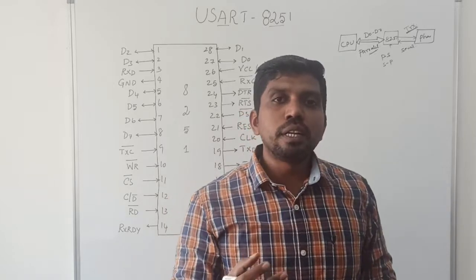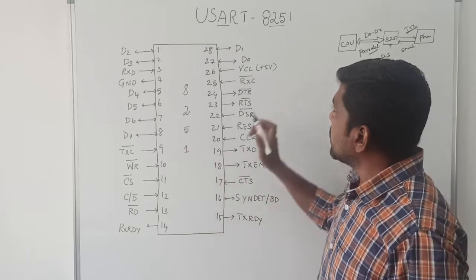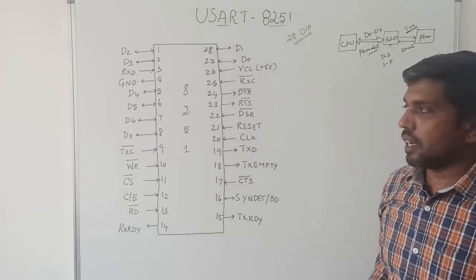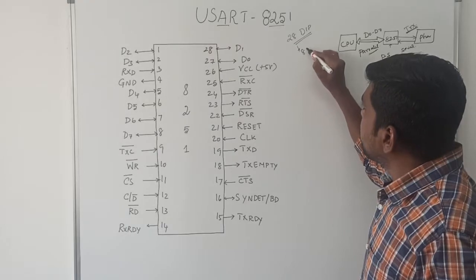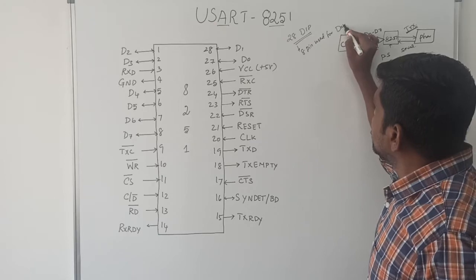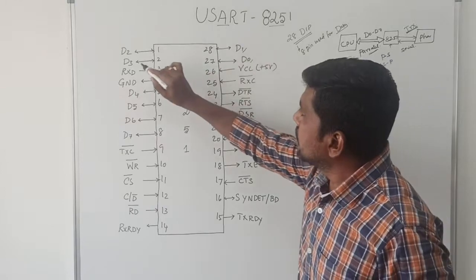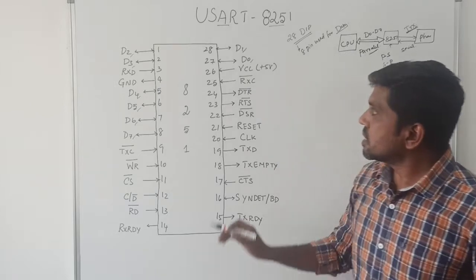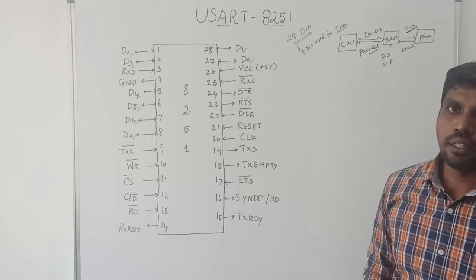Now I will explain the pin configuration of 8251. It is a 28 pin dual inline package IC. Out of 28 pins, 8 pins are used for data: D0, D1, D2, D3, D4, D5, D6, D7. These 8 pins are used for getting the data, and they are bidirectional pins.